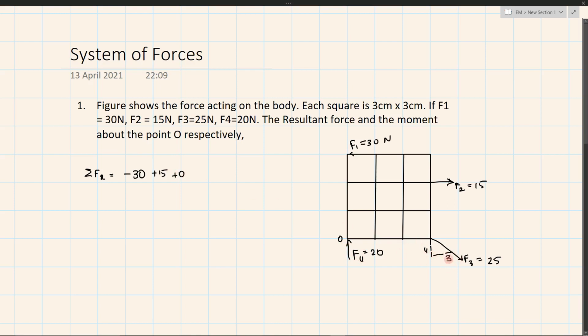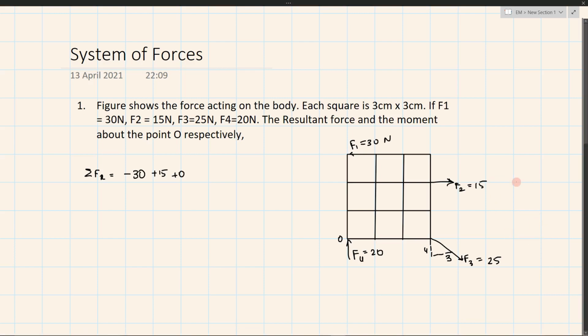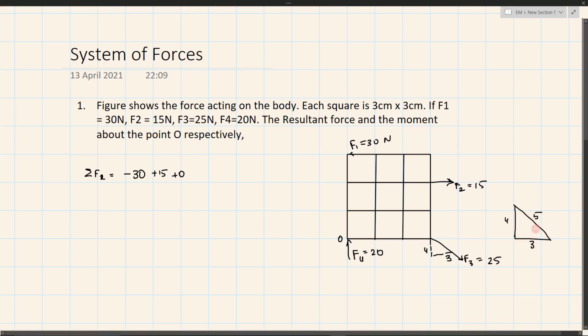By resolving F3, we have a slope given for that. Let me just draw the slope triangle here. This side is given as 4 and this side is given as 3, so from the Pythagorean triplet the hypotenuse would be 5.